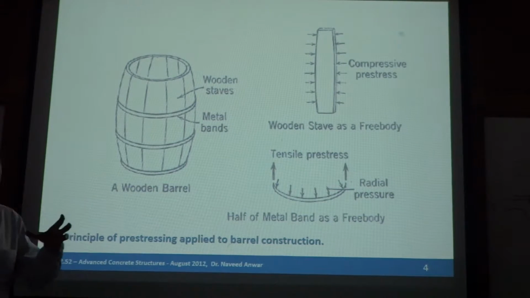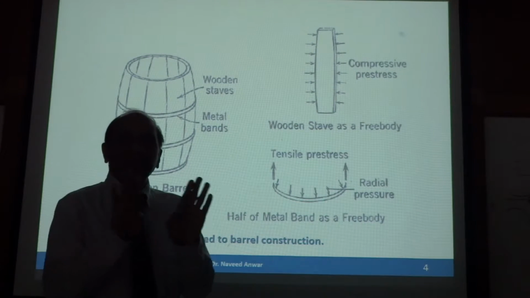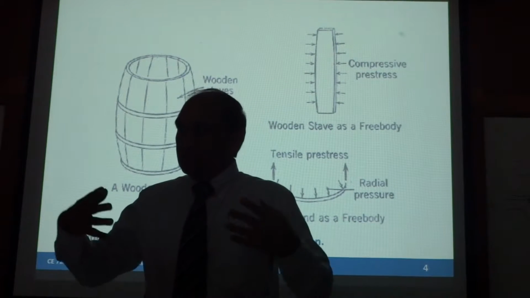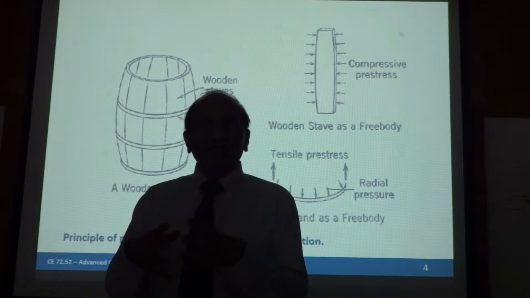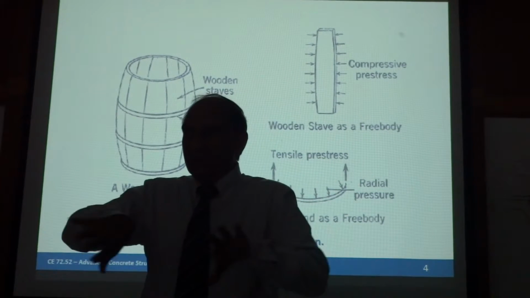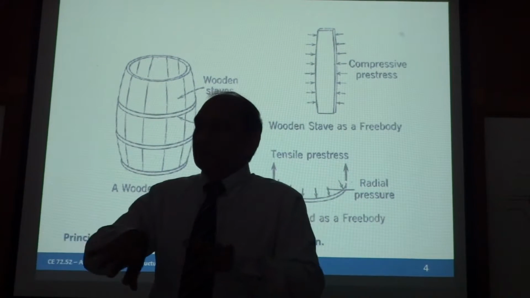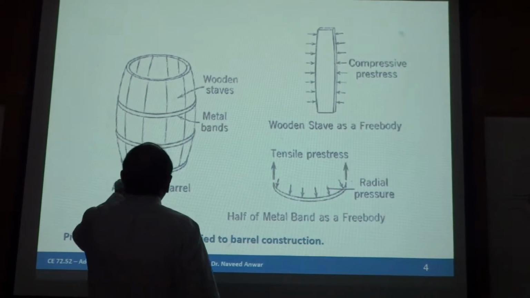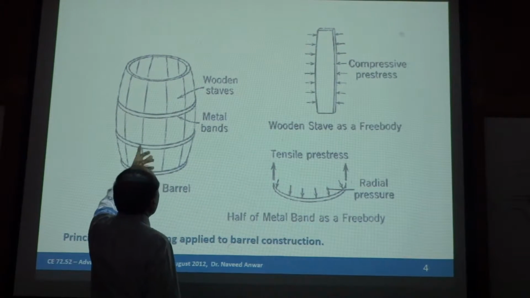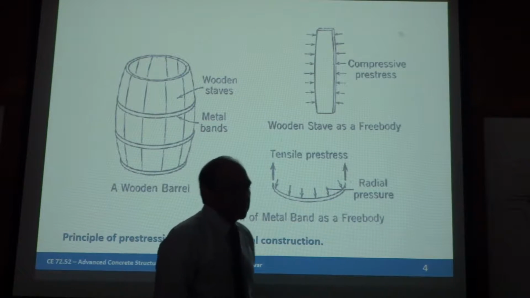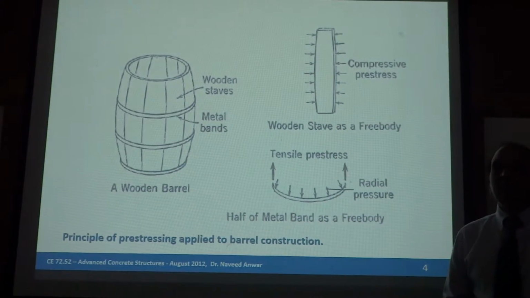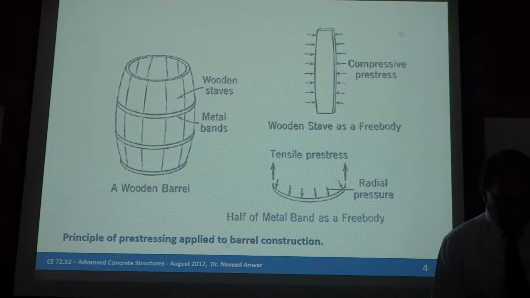The wood joints become pre-compressed, so the water leakage is stopped because it has a compressive force which is more than the tension coming from the pressure of the water or beer inside. That is how pre-stressing starts, with the metal bands and wooden staves. This is the starting point of the concept of pre-stressing, not by engineers but by people who make these barrels.